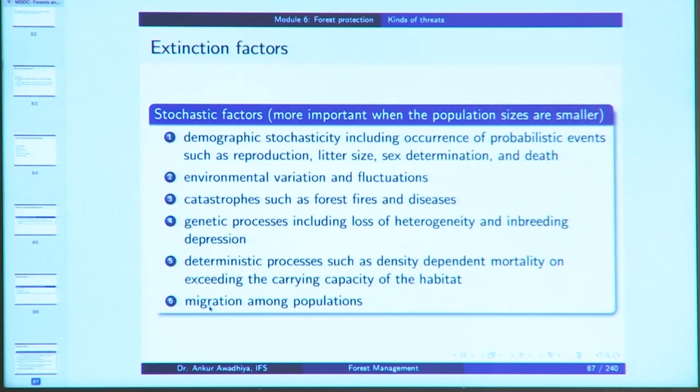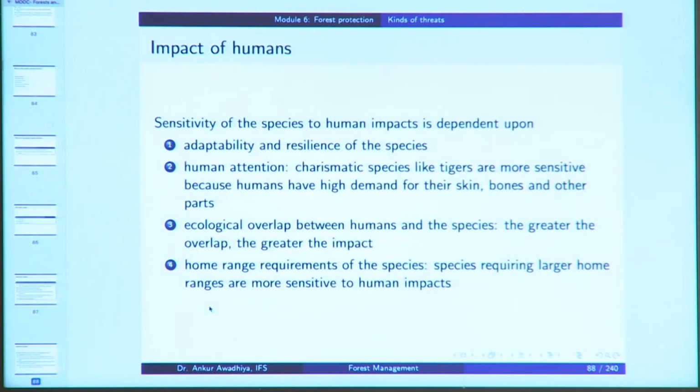Then we have environmental variation and fluctuations, catastrophes such as forest fires and diseases, genetic processes, deterministic processes such as density dependent mortality, and migration among populations, and all of these are the stochastic factors.